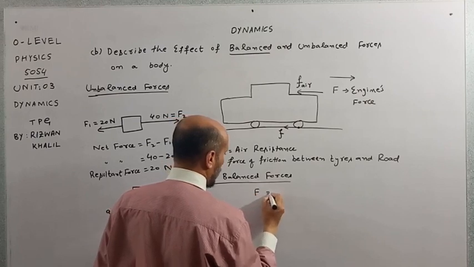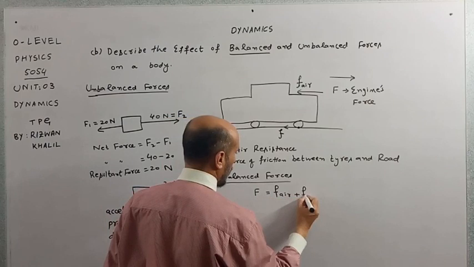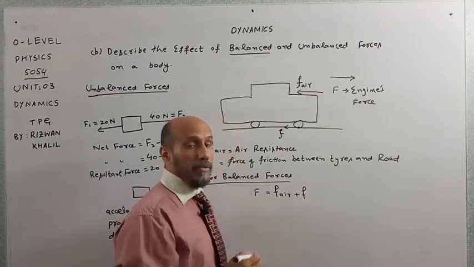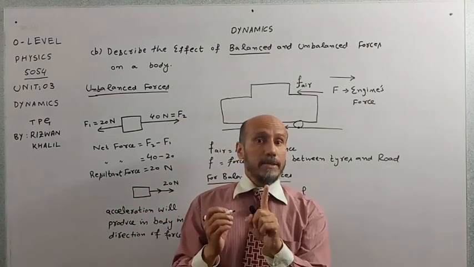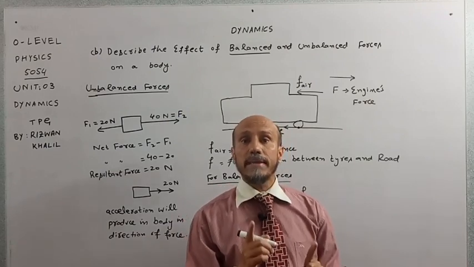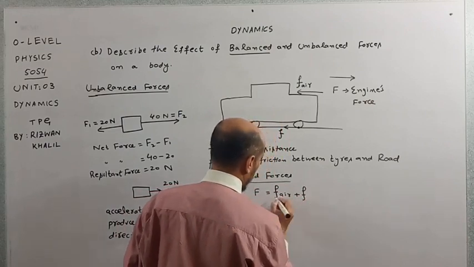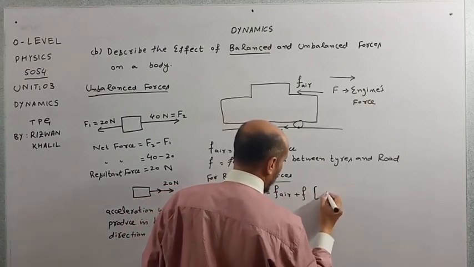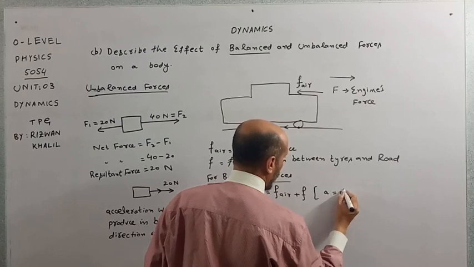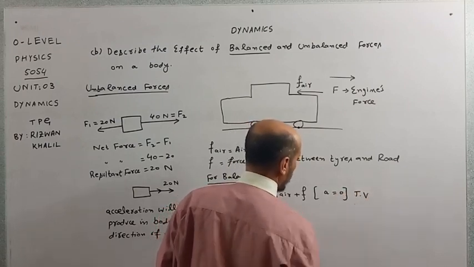F is equal to F air plus F. In other words, the body will move with uniform velocity or terminal velocity, and acceleration will be equal to 0. So for balanced forces, acceleration will be equal to 0 because the body is moving with terminal velocity.